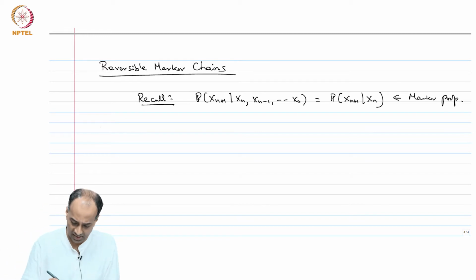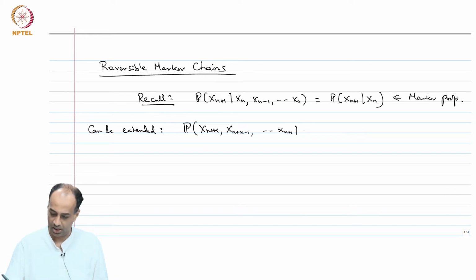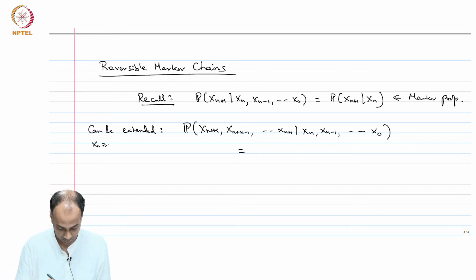This can be easily extended. You can look at the probability of X_{n+k}, X_{n+k-1}, ..., X_{n+1} given X_{n-1}, ..., X_0.